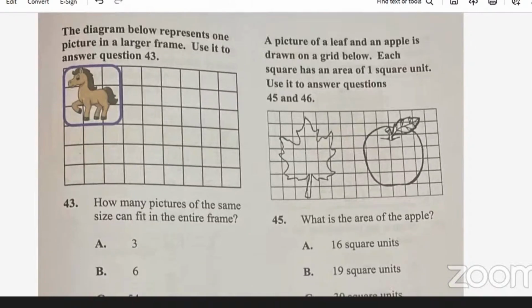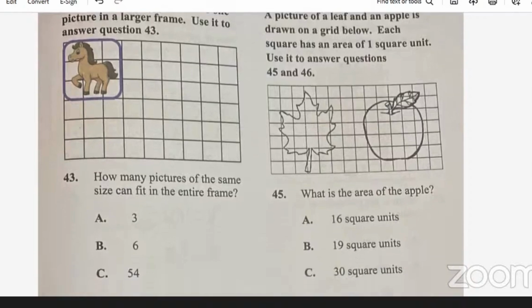All right, so it's asking how many pictures of the same size can fit in the entire frame. So this took up 1, 2, 3, 3 times 3. It would have taken up 9 altogether, all right? 3 by 3. So this would have been another one. All right, and then another one here.